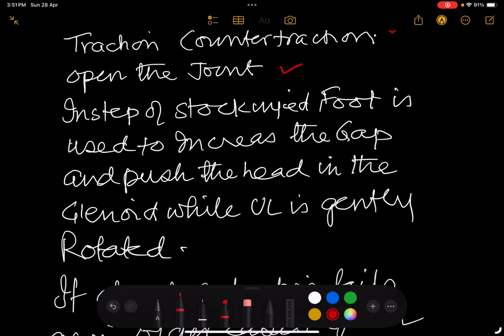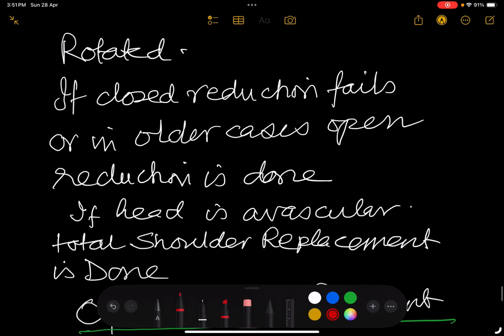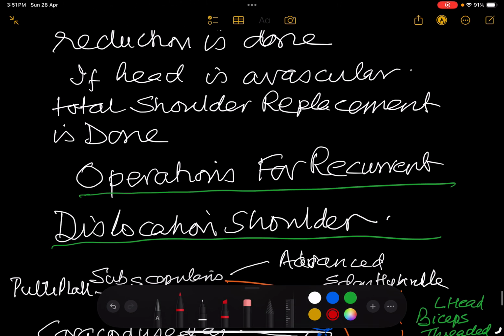You can gently rotate the upper limb, externally rotate it to facilitate the reduction. Now, if a closed reduction fails, then you have to do an open reduction. And in an open reduction, if the head finally becomes avascular, you will have to do a total shoulder replacement.